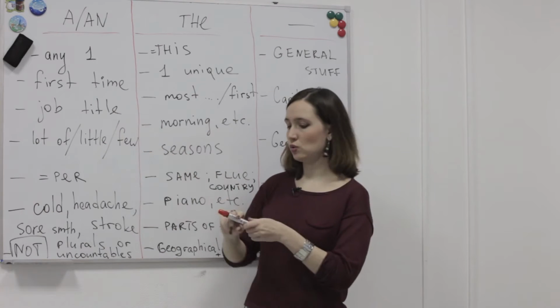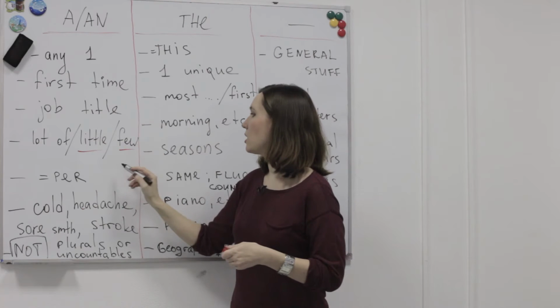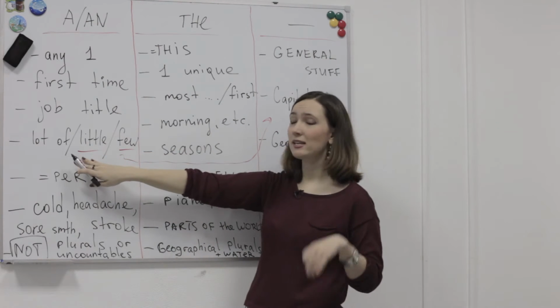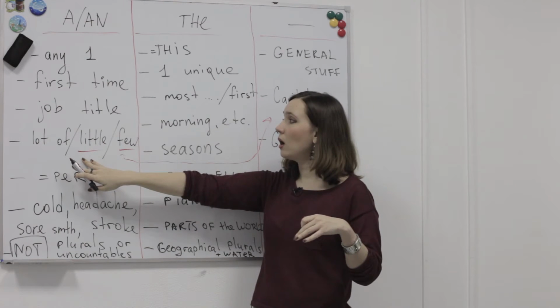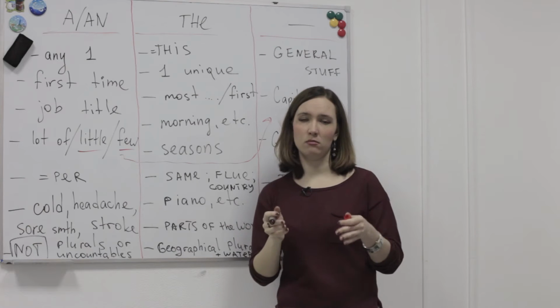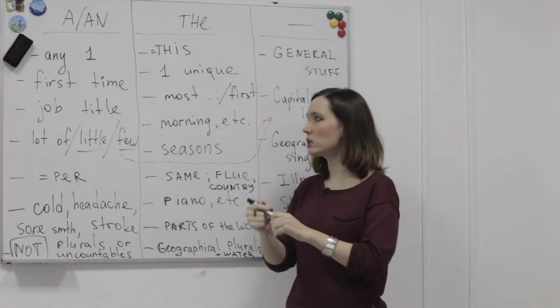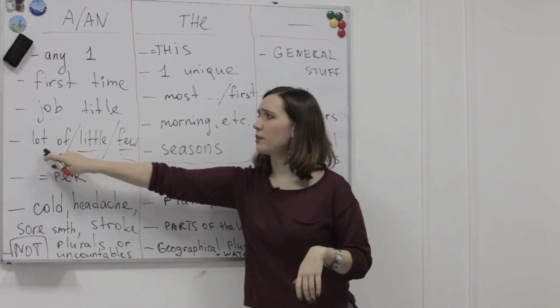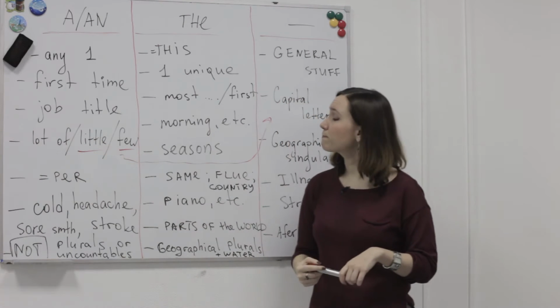But these two, they can also go to this category when you say just little sugar or just few chairs, you mean very little, very few. So that's possible, but always a lot of and few others that are synonyms.